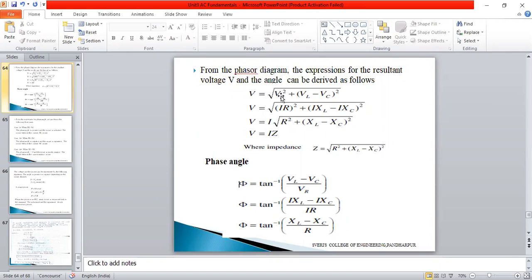Only V equals VR, that is V equals IR, so R equals Z. There is no phase angle between voltage and current because both are in phase. So VL minus VC will become 0 and the phase angle will become 0. So for the third condition, it will be applicable here.